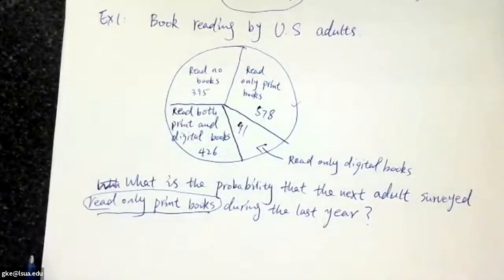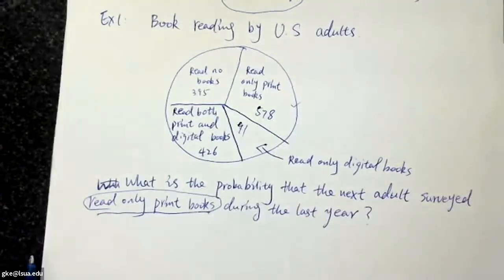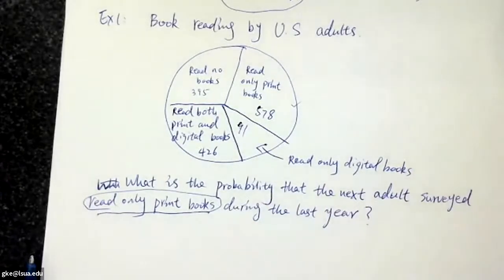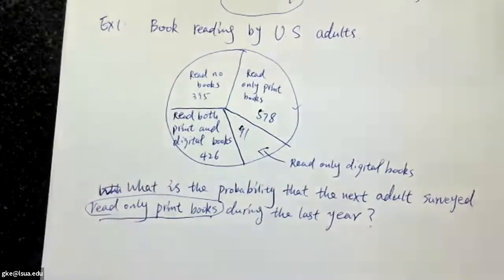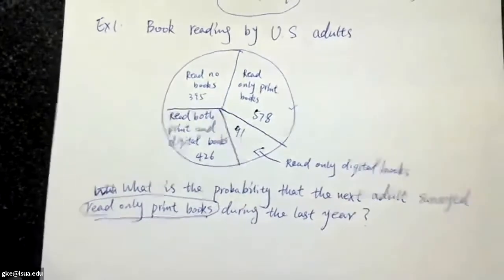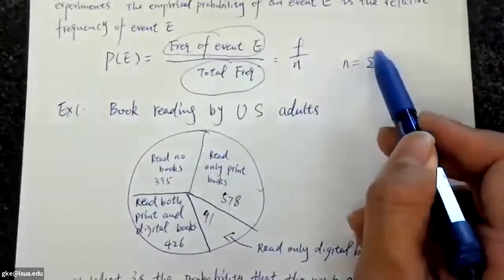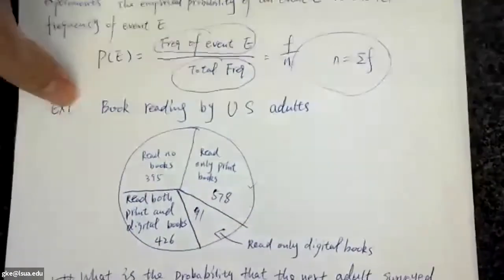What is the total frequency? How do we calculate it? You would just add it all up. Good job. Just add all of them.